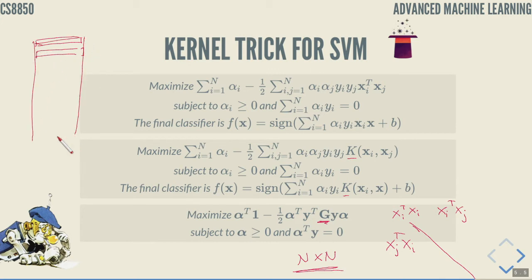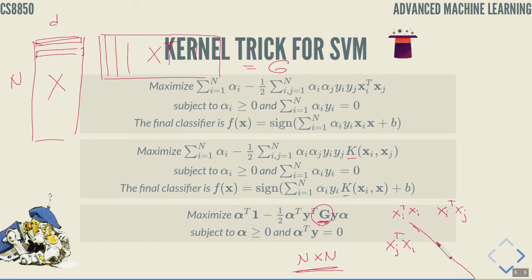So this is a d-dimensional matrix of n samples, X. Take X transpose, and when you multiply them through, you will get G. This G is a matrix of inner products, and it's called the Gram matrix.